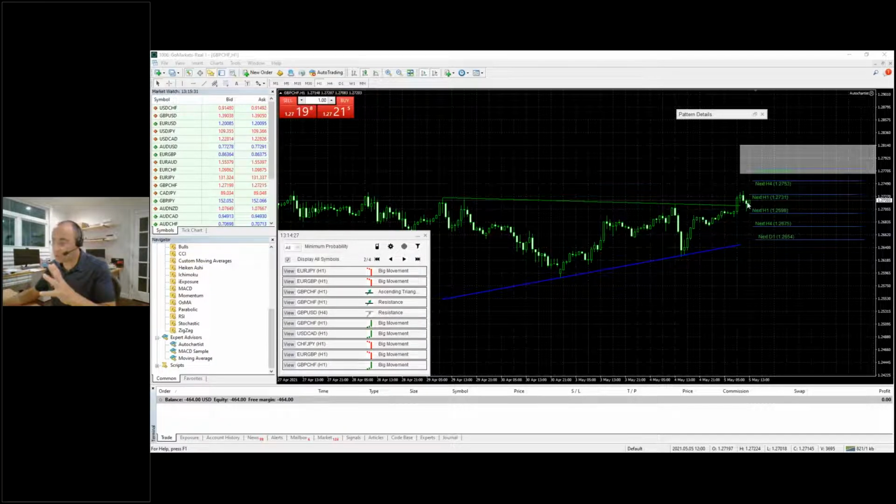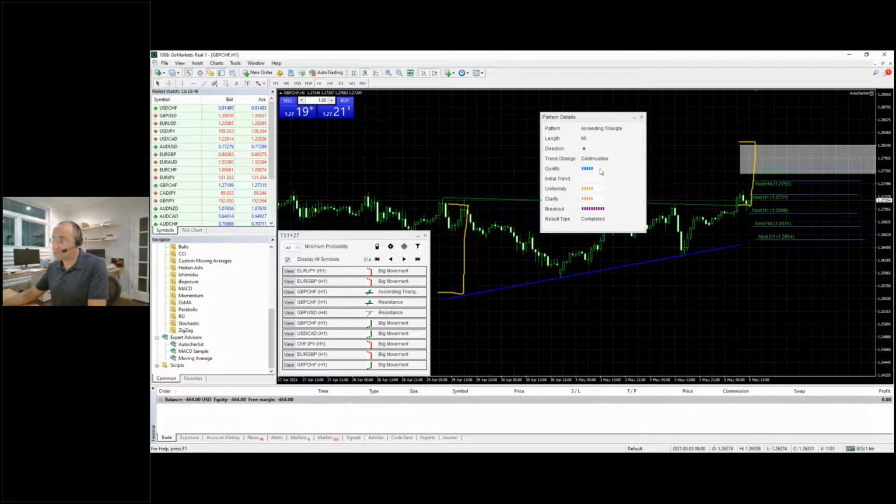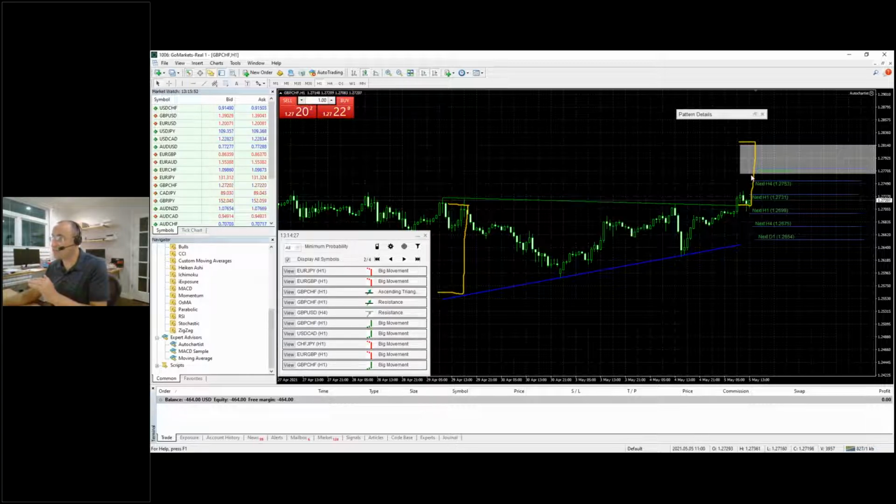I won't go into the calculations, but essentially it maps the initial height of the trade to the breakout level, and then we scale it by the pattern quality, which is kind of by half. I'm not going to go through that right now, but you can see it's kind of half of that distance, and that's where we set the target price level. But again, very interesting trading opportunity right here on this ascending triangle.